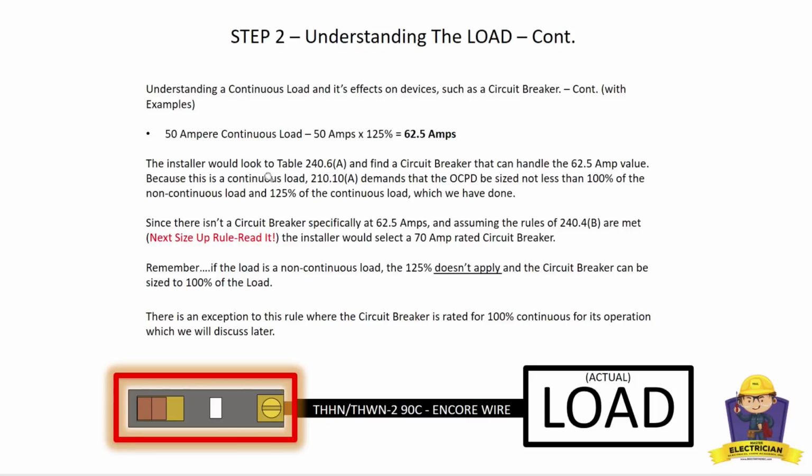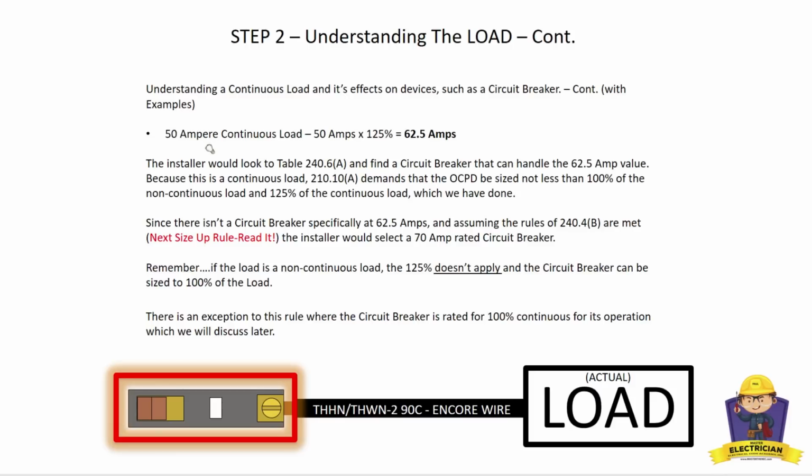Now, the installer is going to say, okay, now I got to find a breaker that this goes on. So they're going to go to 240.6a, and they're going to look at the list of breakers, and they're going to see that there isn't one rated for 62.5. But they're going to be able to say, okay, 62.5 amps is because of the continuous loads at 210.10a demanded that overcurrent device be sized no less than 100% of the non-continuous and 125% of the continuous.